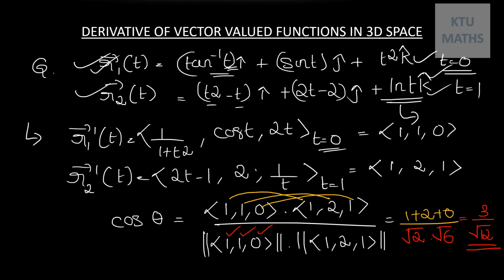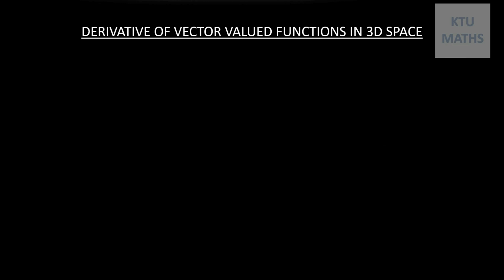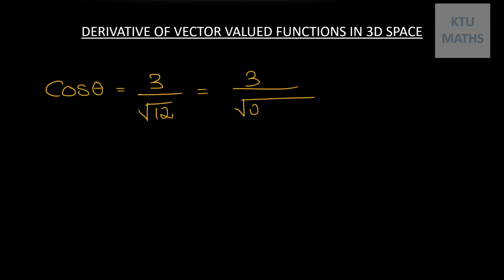We can further reduce the answer to root 3 by 2. We have only found cos theta equal to 3 by root 12, so now we have to simplify this. Root 12 can be factorized as 2 into root 3, so it will be 3 by 2 root 3, and root 3 and 3 can be cancelled to give root 3 by 2.